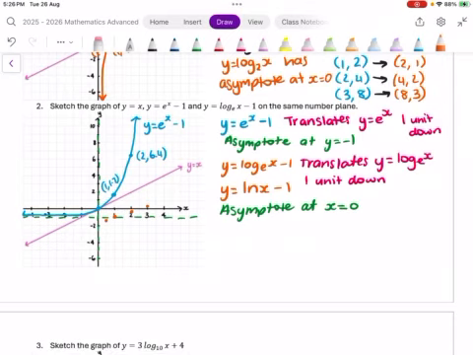And when I substitute in 4, it's at 0.38. So my logarithmic function is like so. What I'm going to do is make sure that I label some of these points to show that I have an understanding of them. I'm going to do just a few of them.